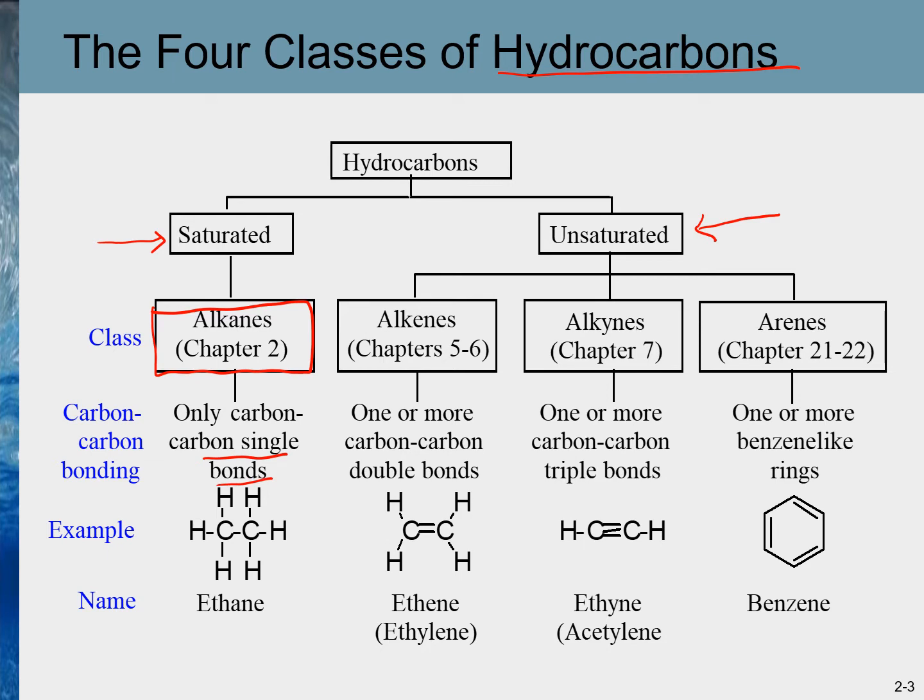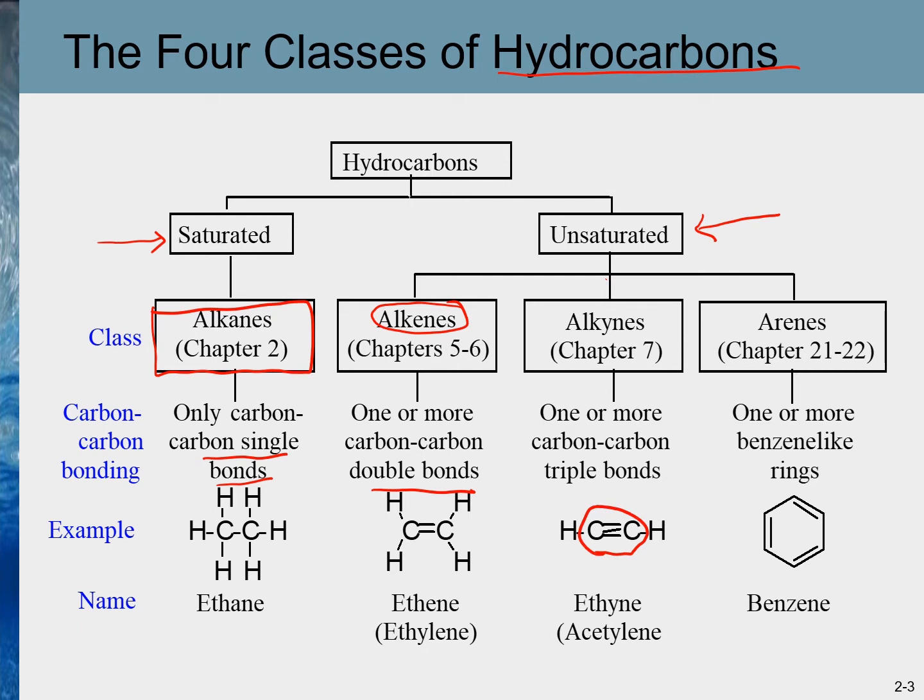Unsaturated hydrocarbons are subdivided into three categories. First category is when the carbon-carbon chain has a double bond. So this category of compounds are known as alkenes, and we will study alkenes in chapters 5 and 6. And second category is those unsaturated hydrocarbons where we have carbon-carbon triple bond.